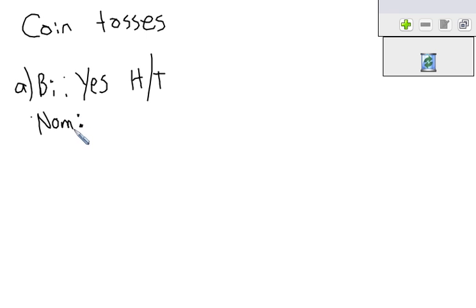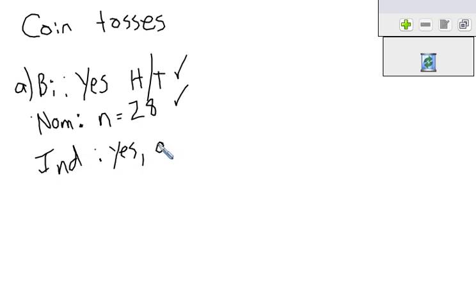The fixed trials, yes, there are 28 students in the class who are flipping a coin, so that's there. And independent, yes, one flip does not influence another. Okay, if you get heads one time, you're not more likely to get heads the next time. So it is independent.